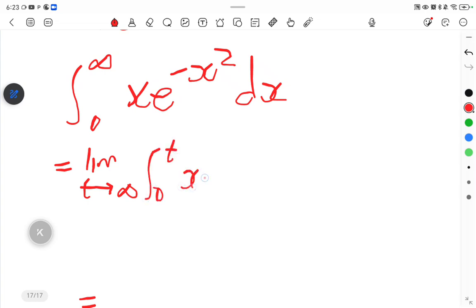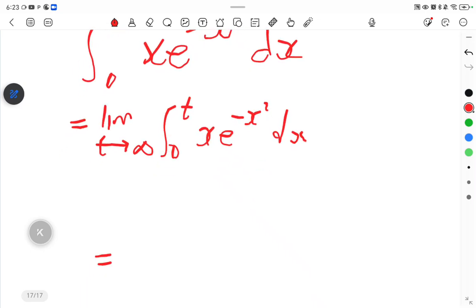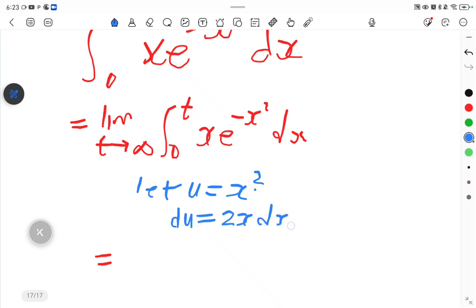So now you won't be shocked when I use u substitution, right? You ask yourself, why did I let u be equal to x squared? If I want, I can let it be minus that, but I want it to be x squared. And then du is equal to 2x dx, and this would be du over 2x, which is equal to dx.